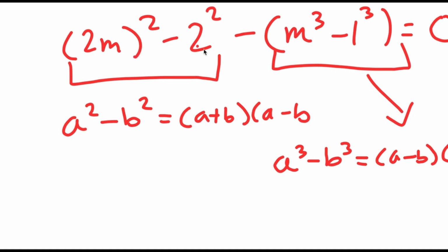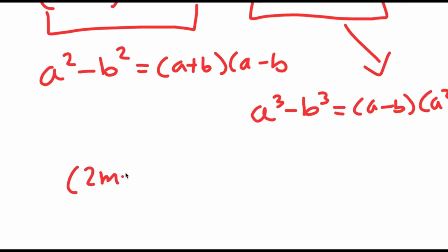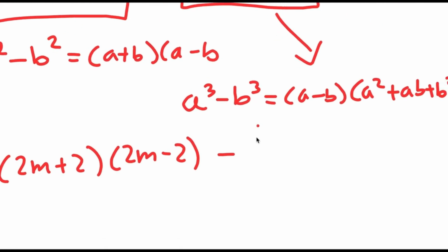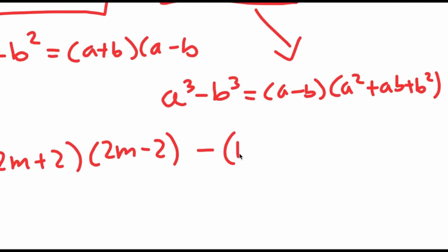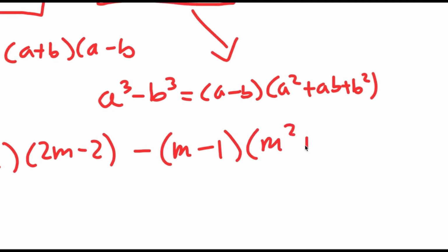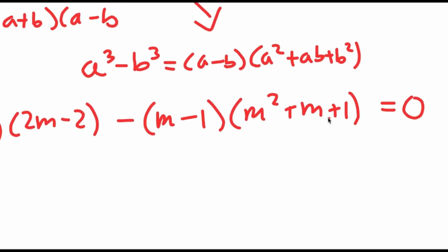So for 2m whole squared minus 2 squared, that turns into 2m plus 2 times 2m minus 2. And m to the power of 3 minus 1 to the power of 3 turns into m minus 1 times m squared plus m plus 1. And all of this is equal to 0.